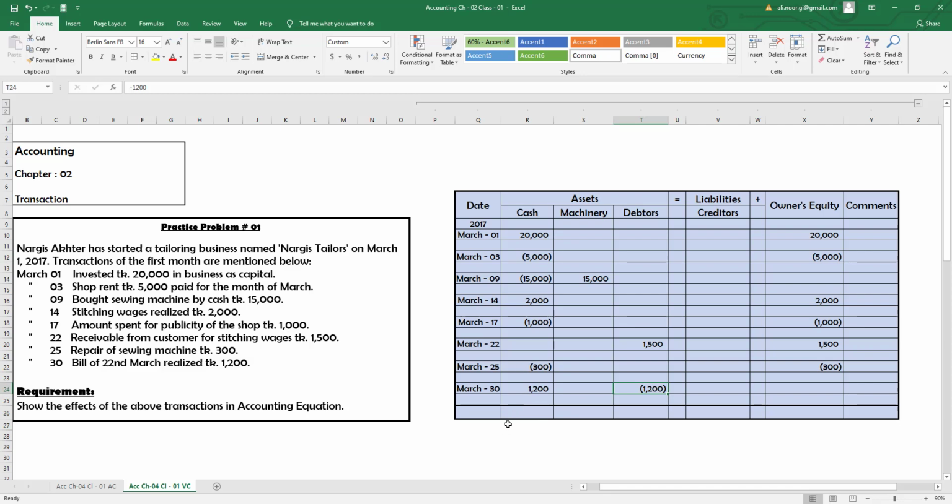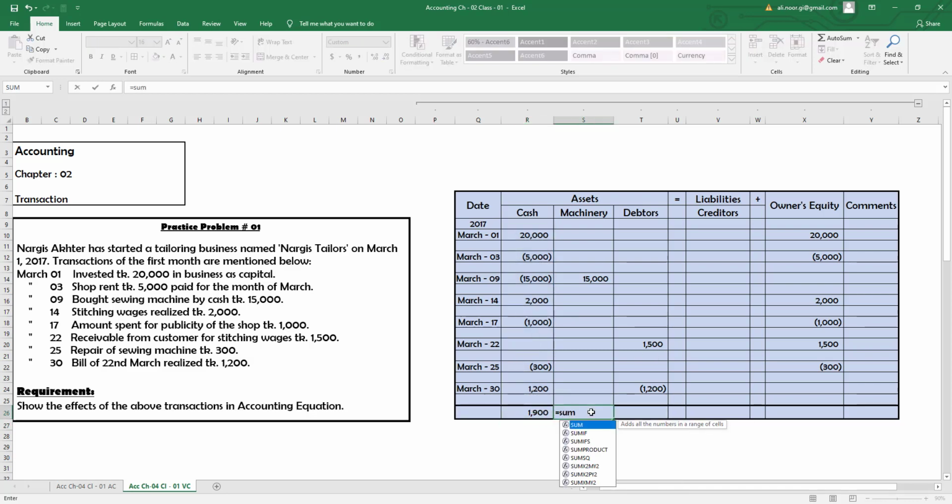So we need to add one thing. I would like to say that I have prepared this math in Microsoft Excel, so please ignore the Excel mechanism, just focus on the accounting solve. So I will sum them. This is the sum of cash, so it is 1,900.